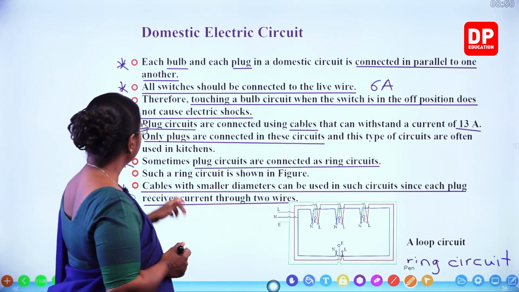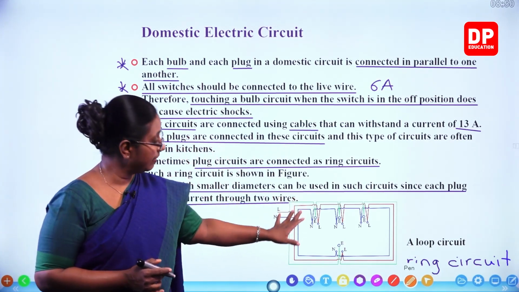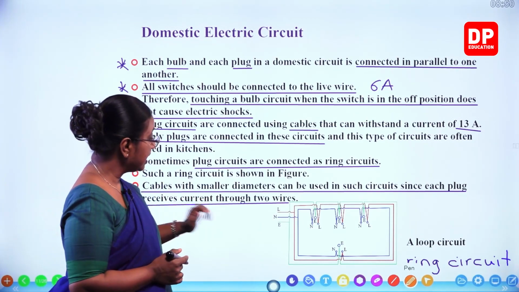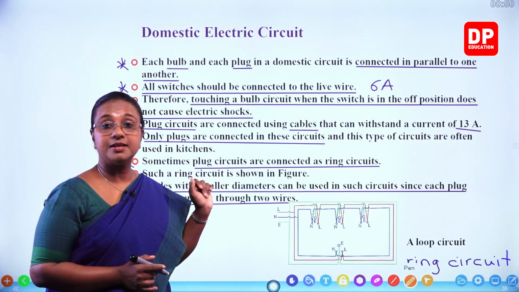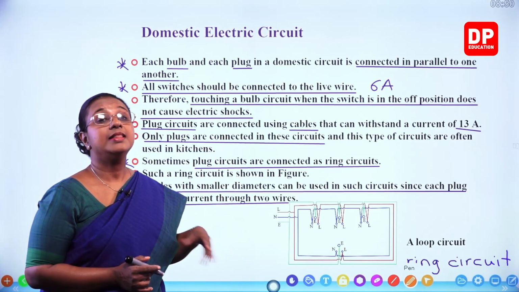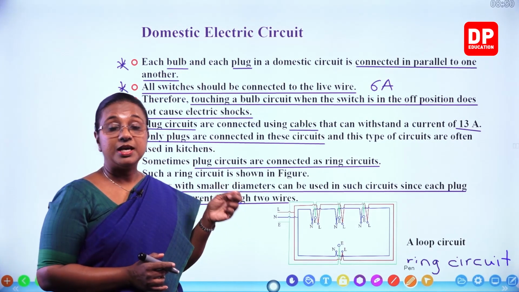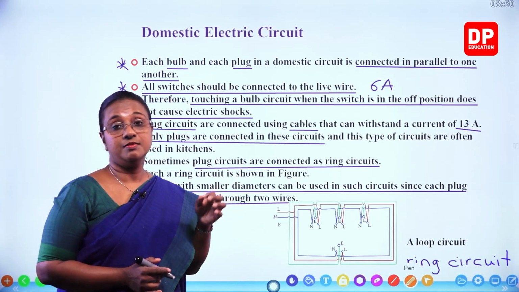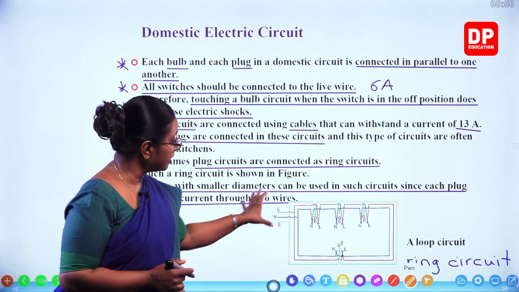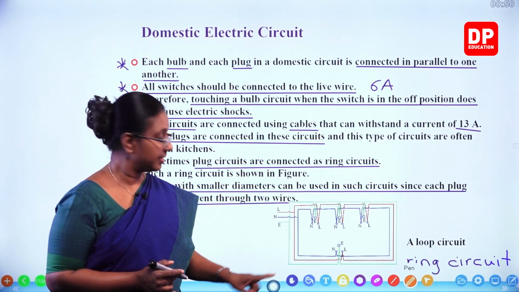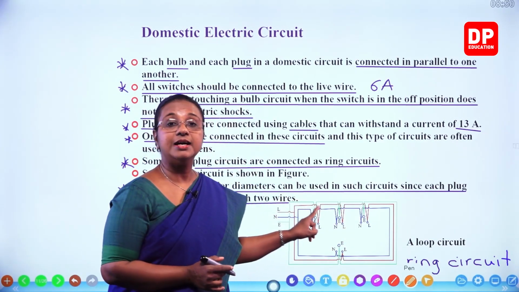Then here you can see plug sockets are always connected to wires that can withstand a current of 13 amperes. And also only plugs should be connected to the plug circuit, and plug circuits can sometimes be connected as either ring circuits or loop circuits. That gives an advantage because you can use thin wires with less diameter, because current is supplied through two wires because of this loop-like connection.